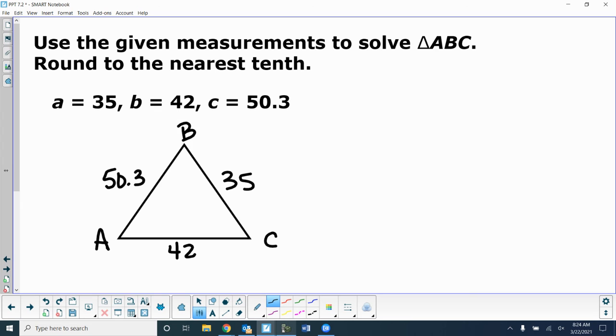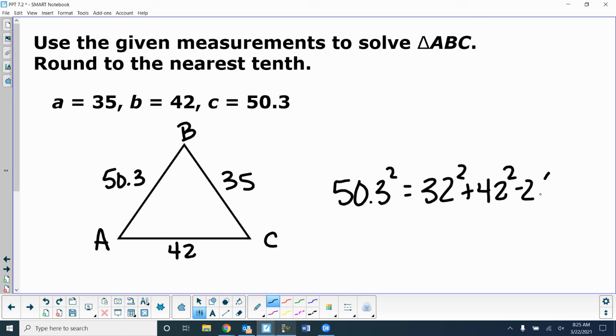What's the setup? 18.3 squared equals 32 squared plus 52 squared minus 2 times 35 times 42 cosine C. Very good.